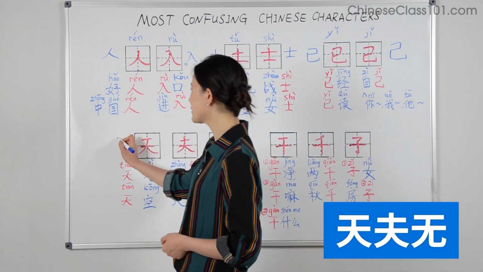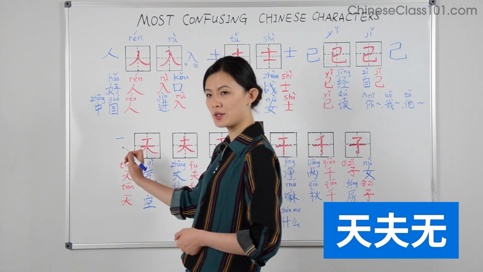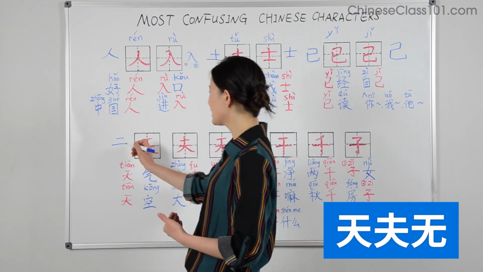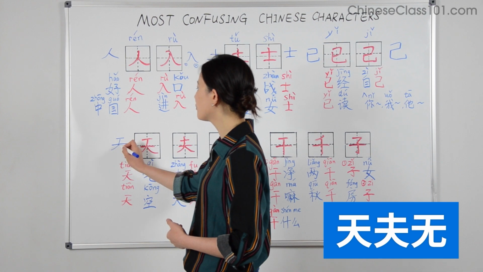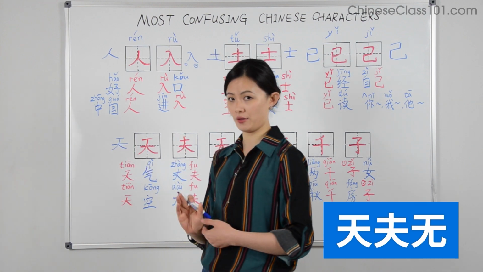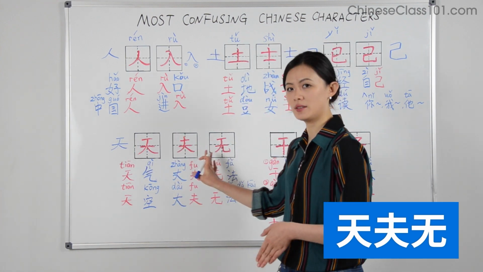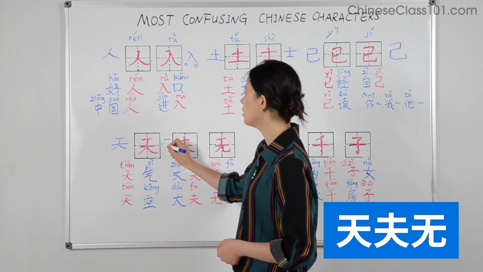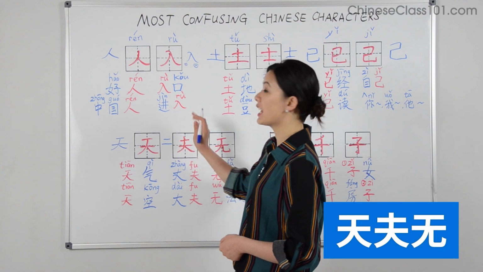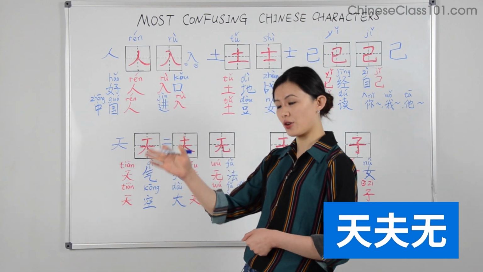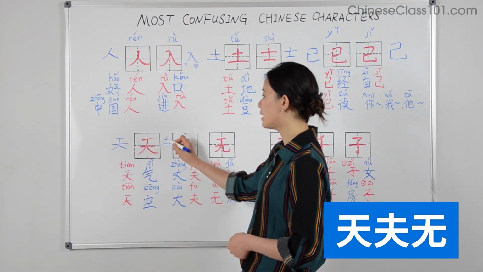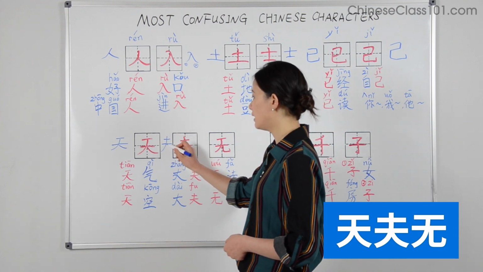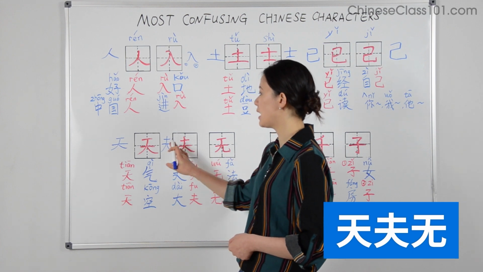The first one starts with a shorter horizontal line and a longer horizontal line below it, and then a left curve, a right curve. Or to write the second one, it starts out the same, short horizontal, long horizontal, and the third left curve starts beyond, above the first horizontal line, and the last stroke is the same.